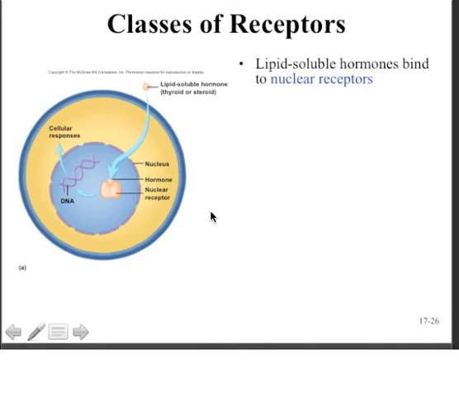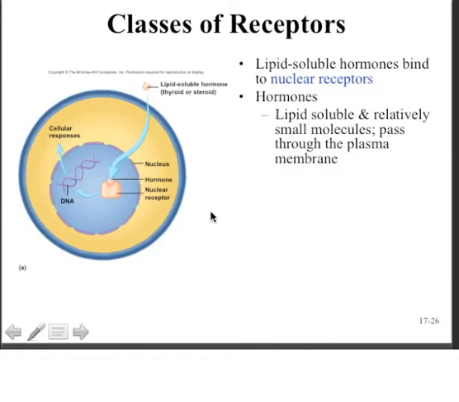Remember that there are different classes of receptors. The lipid-soluble hormones tend to have receptors that are either in the cytoplasm or the nucleus of the target cell, while water-soluble hormones have receptors on the membrane surface.